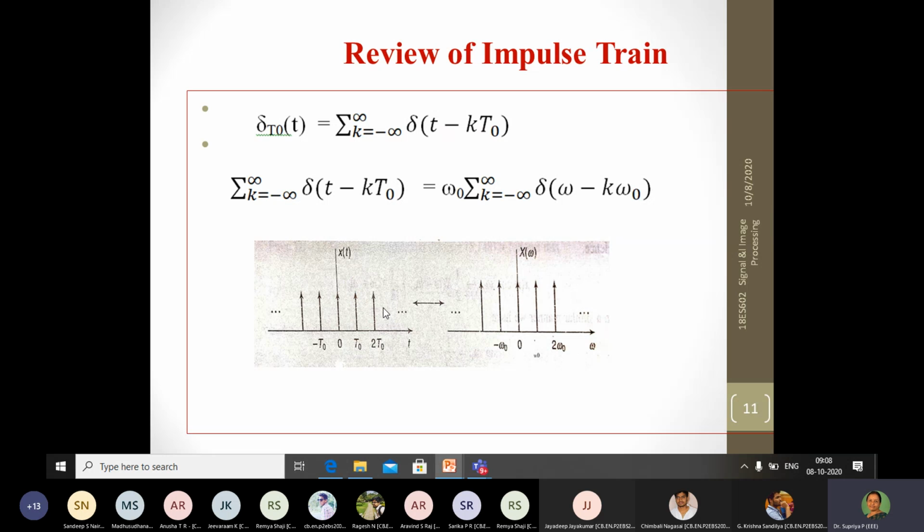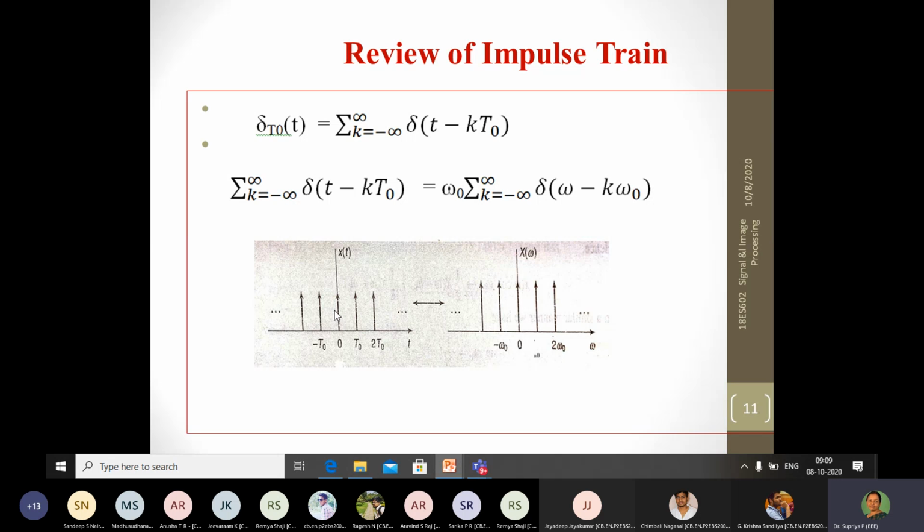The actual expression tells us that summation. So the actual expression runs out as delta t plus delta t minus t naught plus delta t minus 2 t naught, etc. on the positive side of the time axis.